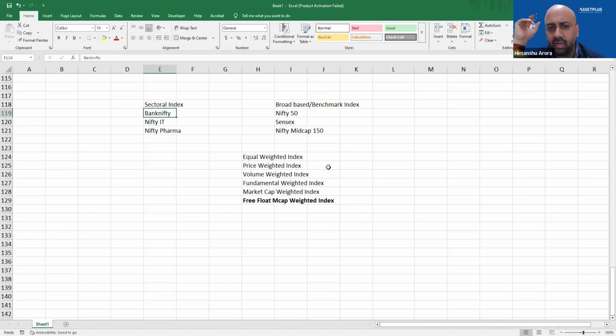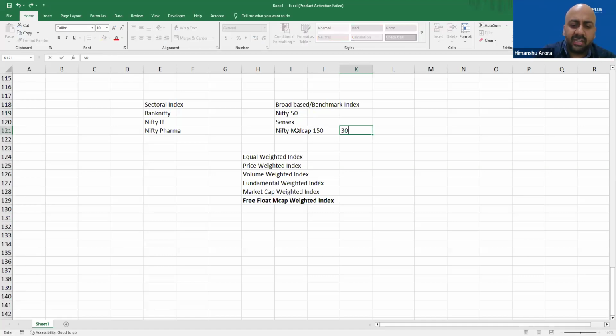So in India, we are mostly following free float market cap with sectoral capping and stock capping. For example, in Nifty Midcap 150, hypothetically, just a hypothetical number, you cannot provide a weightage of more than 30% to one sector or more than 10% weightage to one stock. ये restrictions हो सकती हैं, but broadly free float market cap.